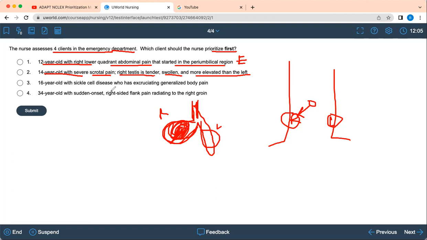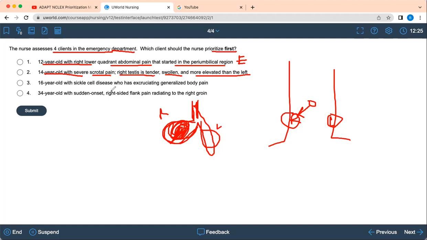The patient is having pain, but this kind of pain is an ischemic pain. The fact that the scrotum is elevated more than the other one means the testicle is being twisted, and that is what is leading to elevation of the testicle.